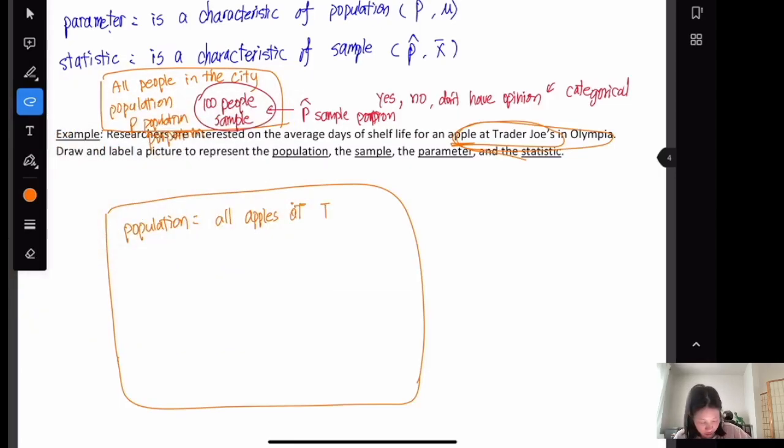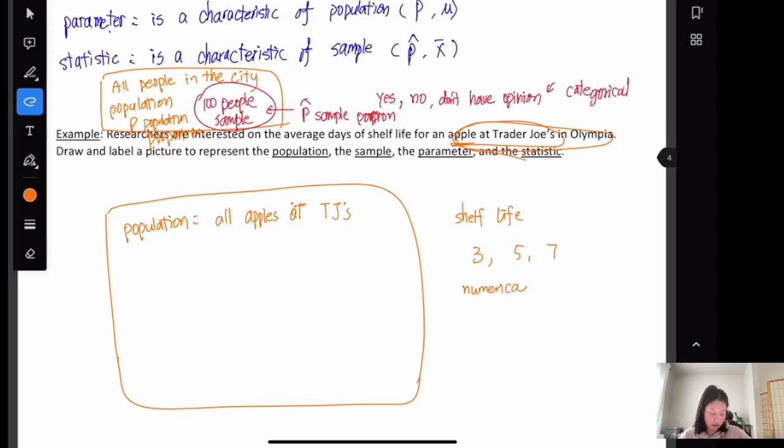At Trader Joe's. And we're trying to investigate their shelf life. Remember that when it comes to shelf life, you think about, hey, some apples 3 days, 5 days, 6 days, 7 days. So look, this is a number and it makes sense for them to add and subtract. So that means this is going to be numerical data.